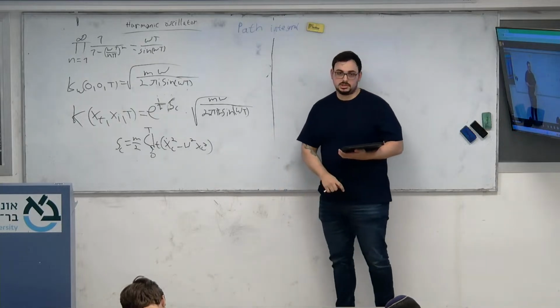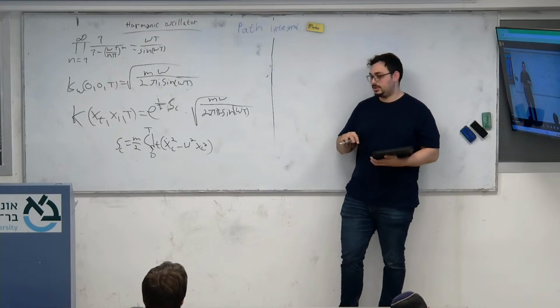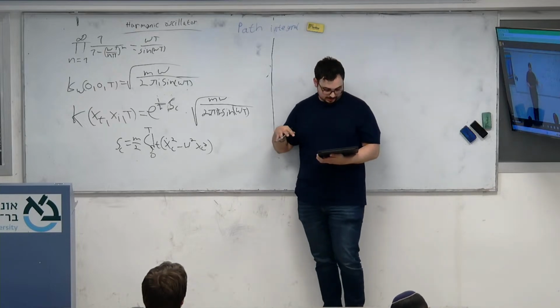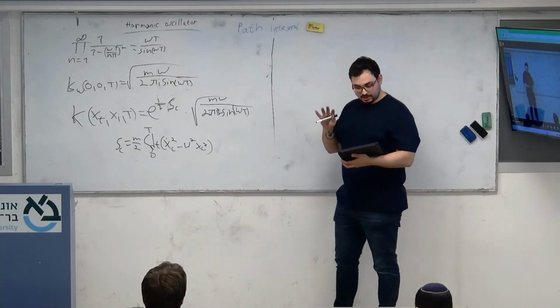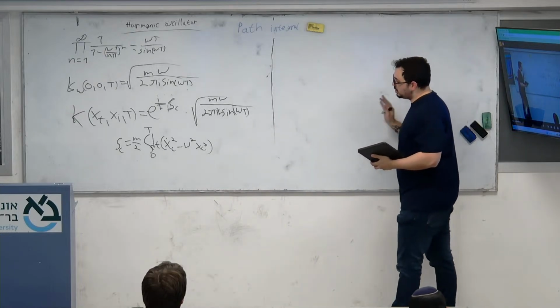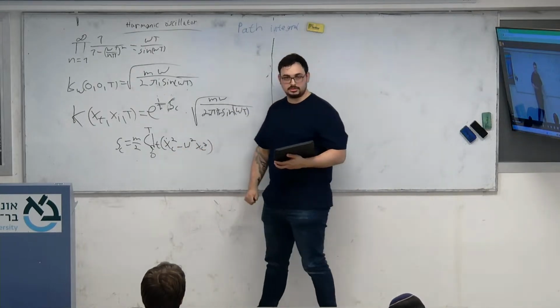One way to solve this is just to use the solution for the action, which is a little bit long, so I'm not going to write it down in the notebook. But another nicer solution is to do the same trick that we did before and integrate this by parts.